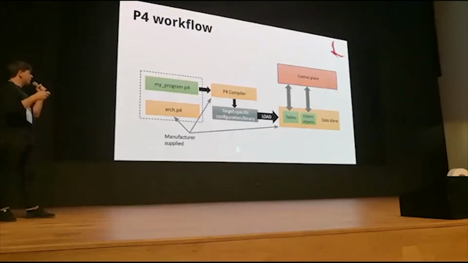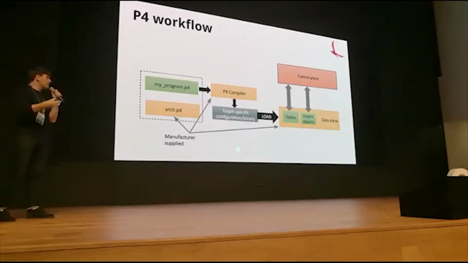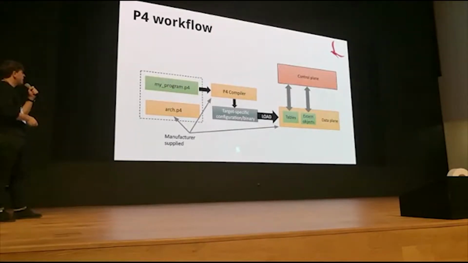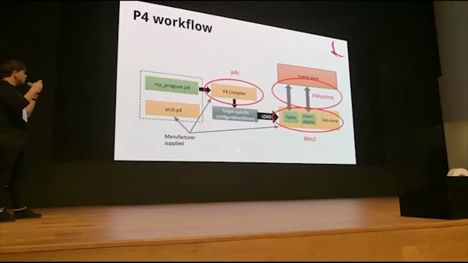You take that and load it into the data plane, and what you're doing here is instantiating things like tables and external objects, and then the control plane populates table entries, and so a packet is forwarded. Today this workflow is realized with tools like P4C, the open source P4 compiler, BMv2, which is the open source P4 reference software switch, and P4Runtime, which is the control framework.